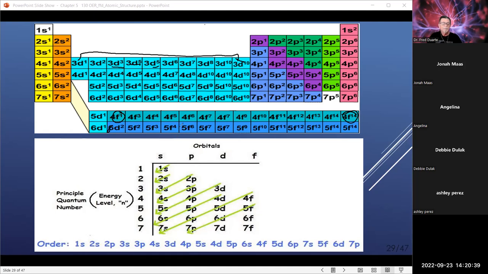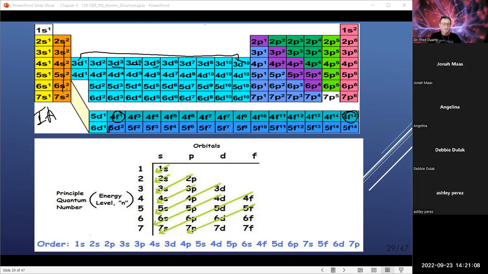All right. You can see here, everybody in group 1, this is group 1A, okay? What they share is 1 valence electron, okay? All of them, notice that, 2s1, 3s1, etc. And that's why they react very similarly, because of the number of valence electrons that they all share.